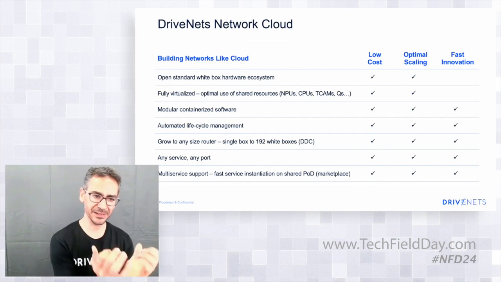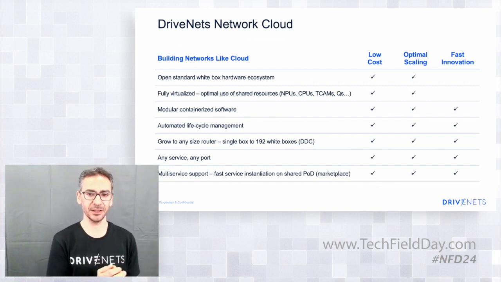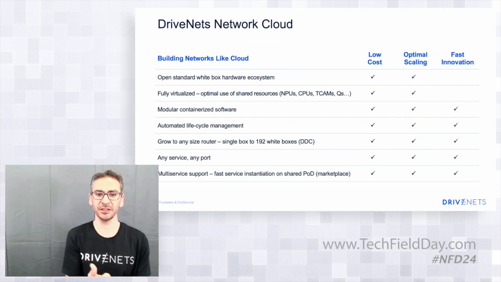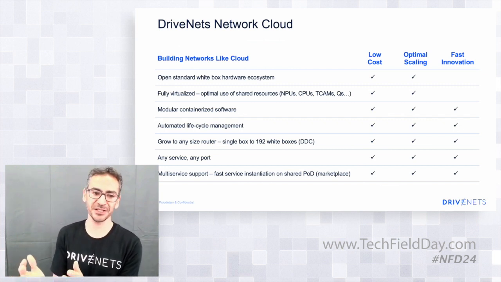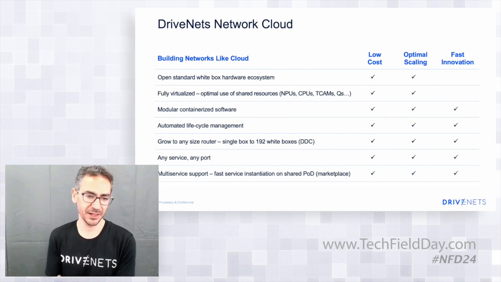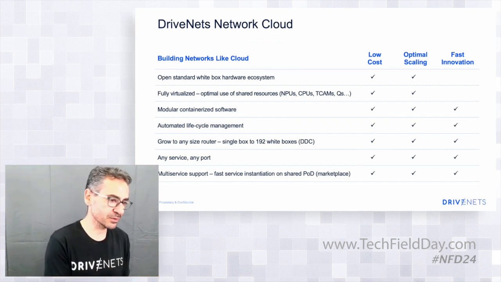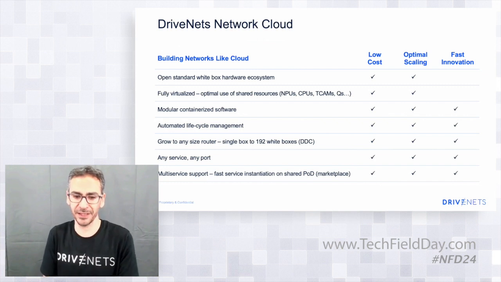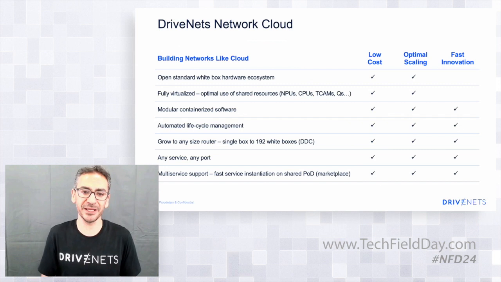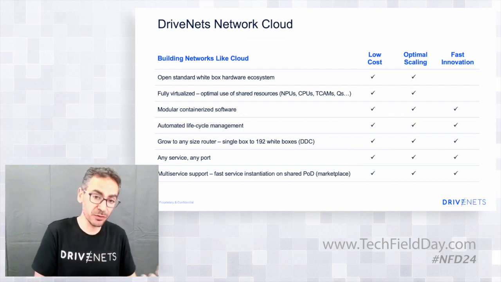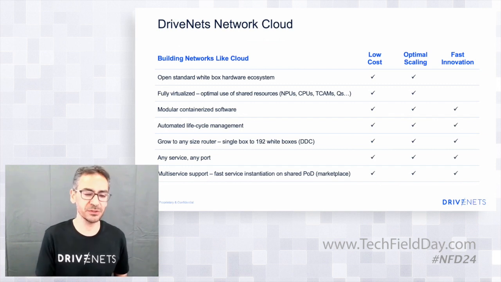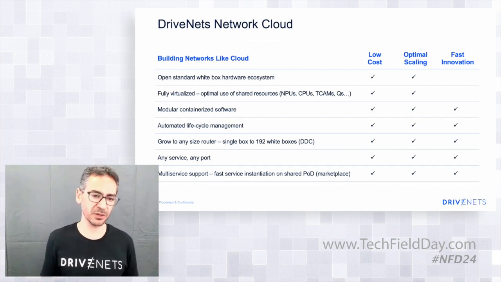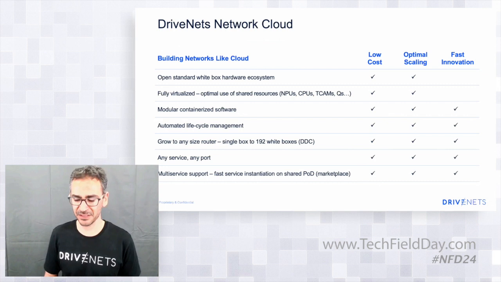The containerized software translates to, again, cost scaling, and also introduces innovation, because now innovation becomes software-based. Running any service on any port within the cluster, that level of flexibility, again, drives better utilization, allows better scaling, both of the service and of the infrastructure. And again, launching new services into the network in a very fast manner.